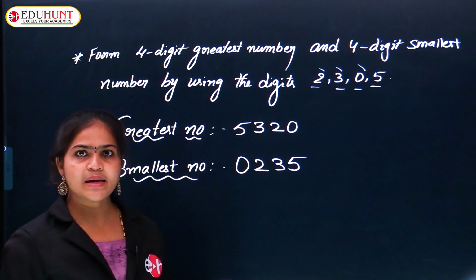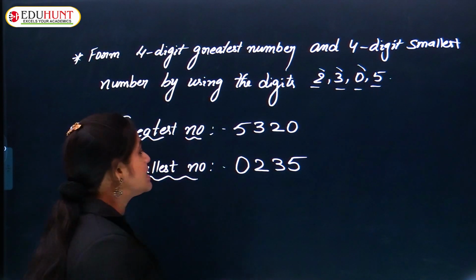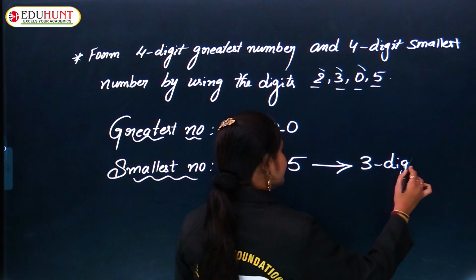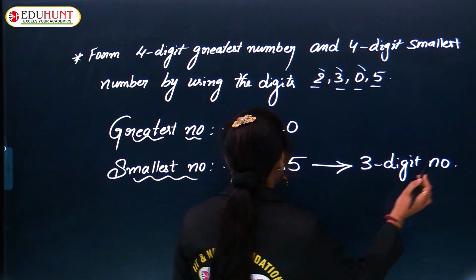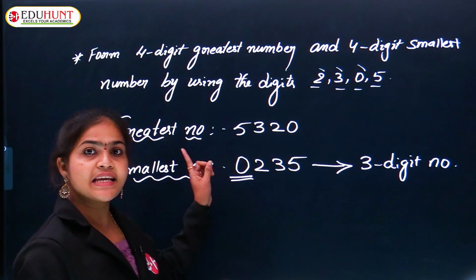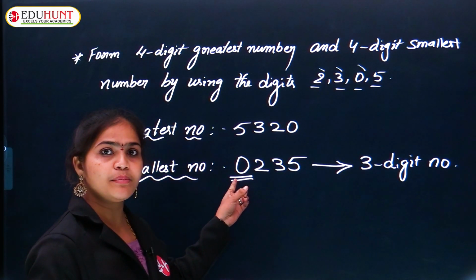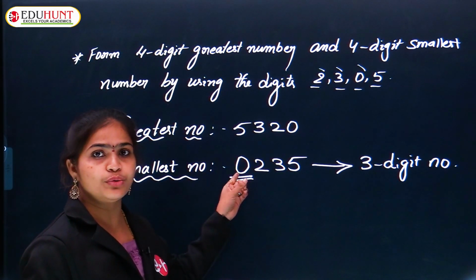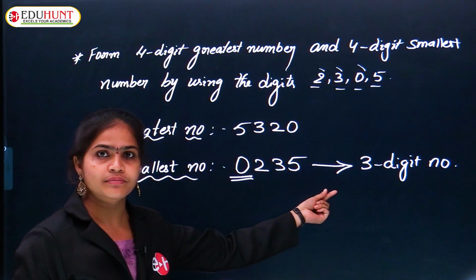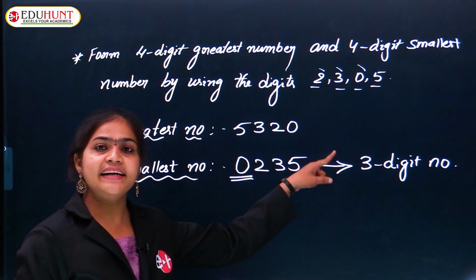Is it a 4-digit number or a 3-digit number? This is a 3-digit number. Why? Because the starting 0 is there. 0 is on the left side of the number, which means there is no value to that. Then we can read this as 235 only. Understand? That's why this is a 3-digit number.